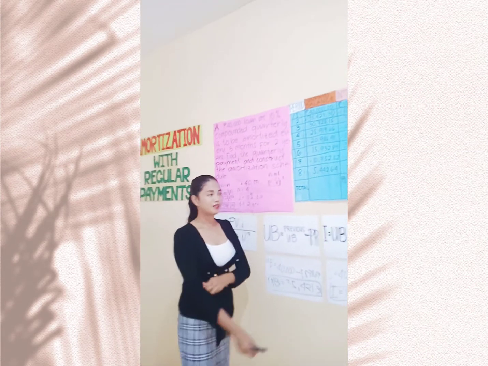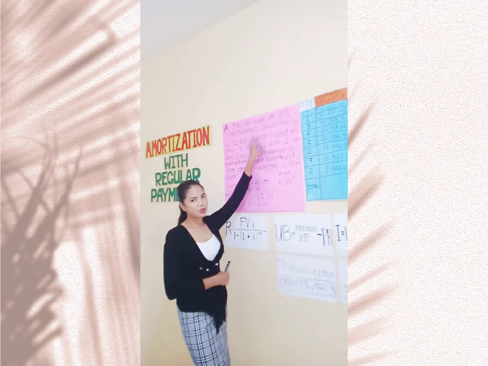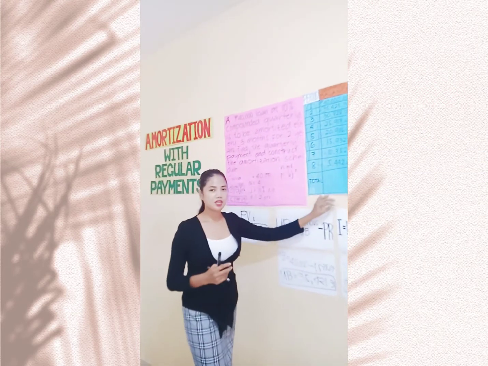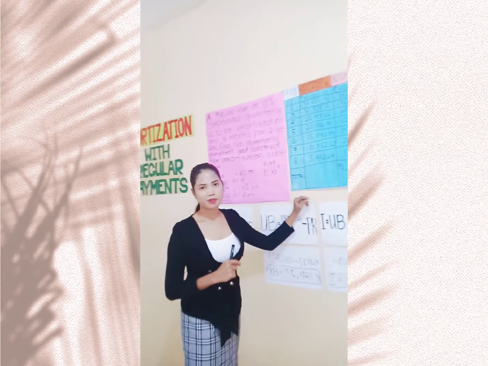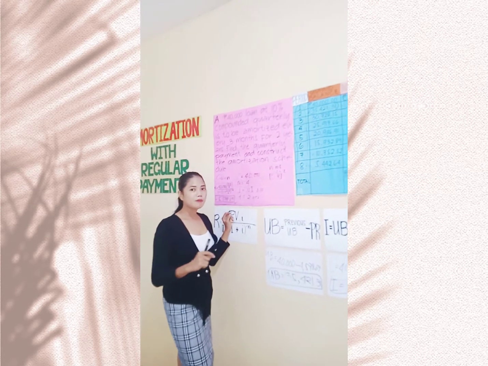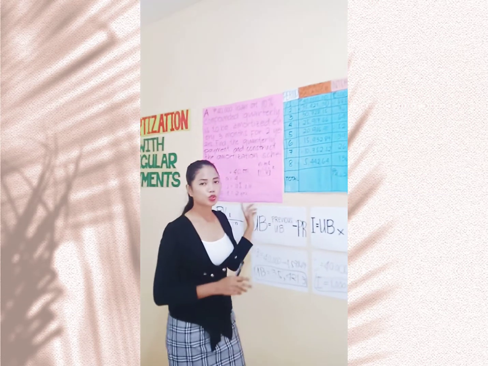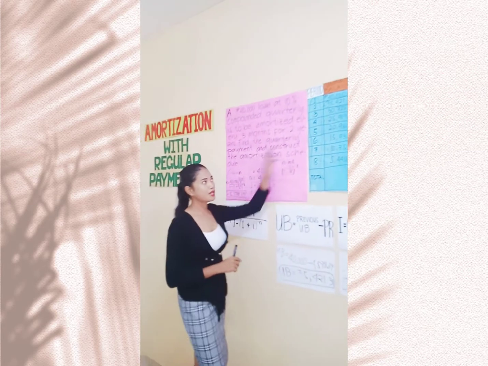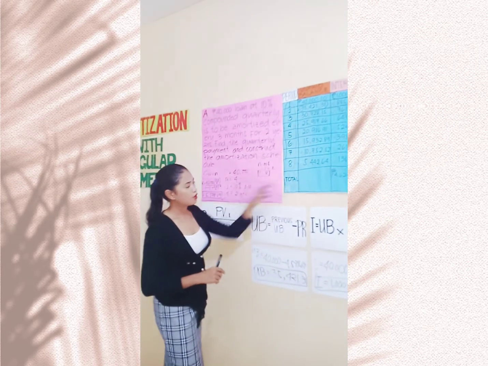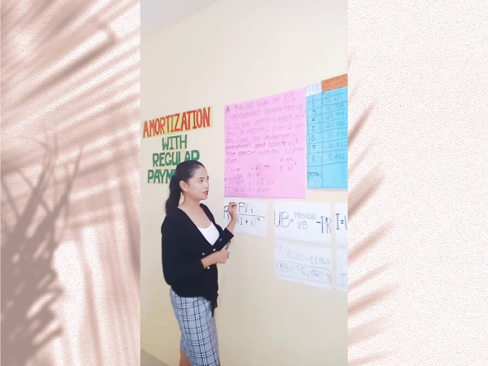Just remember that an amortized loan first pays off the interest expense of the period, and the remaining amount is put towards reducing the principal amount on each payment.